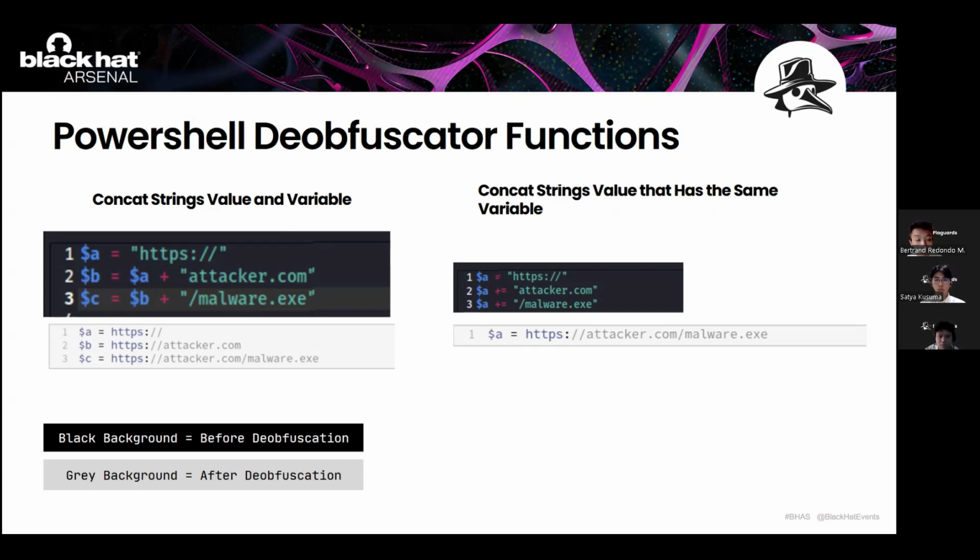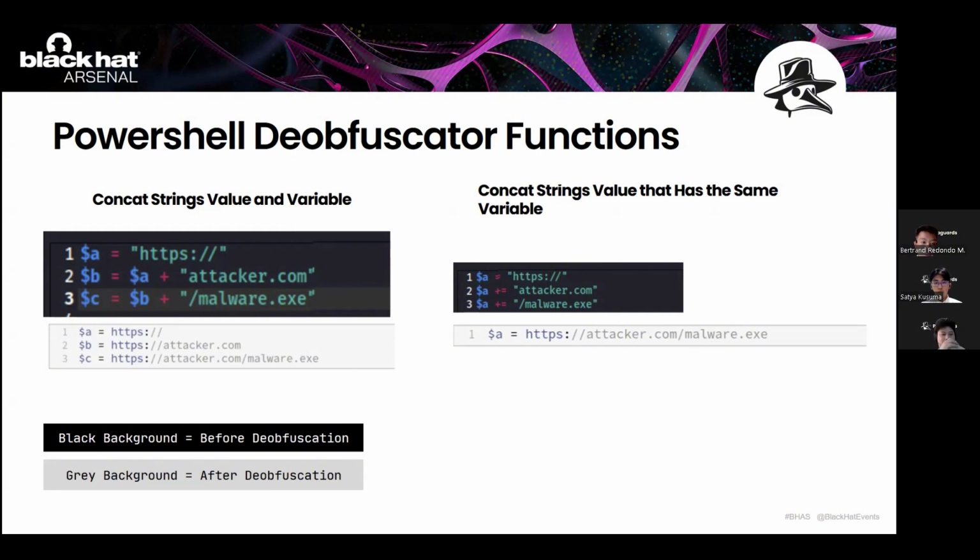So how does it work? For all the functions, the A value is first moved to the B variable before doing the concatenation. The concatenation is marked by the plus sign, shown in red.